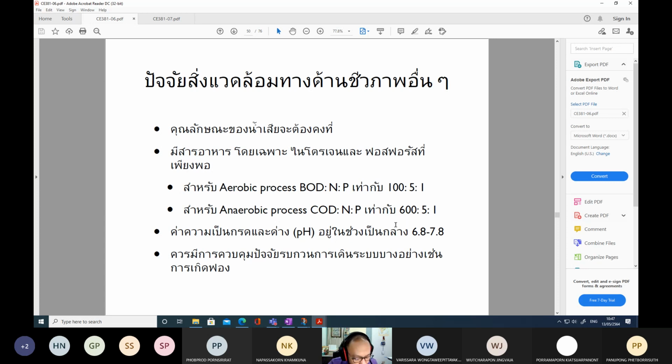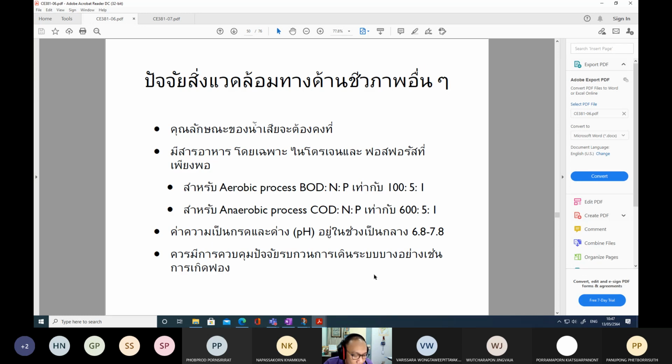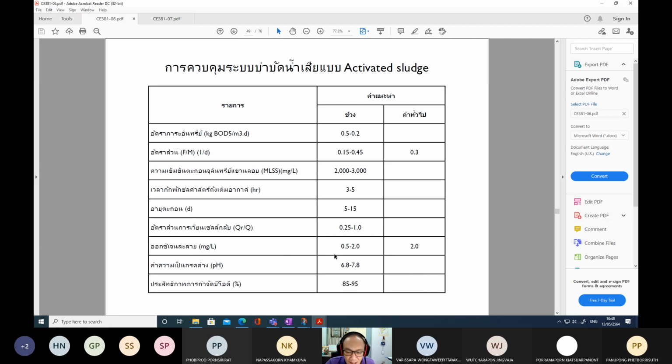But if we fail to keep the conditions in the aeration tank as per the recommended values, the filamentous bacteria will grow up. They really like conditions with low dissolved oxygen and low pH.